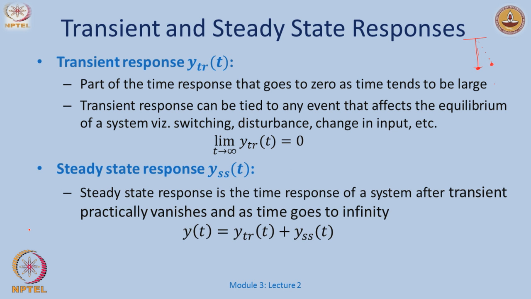Steady state response, well, this is the response of the system after all the transients have died down, right, or as time goes to infinity. Again, we will see this with the help of an example. So, the total response of any system would have two components, the transient response and the steady state response, and the steady state response could also be just 0 itself, right. Okay.